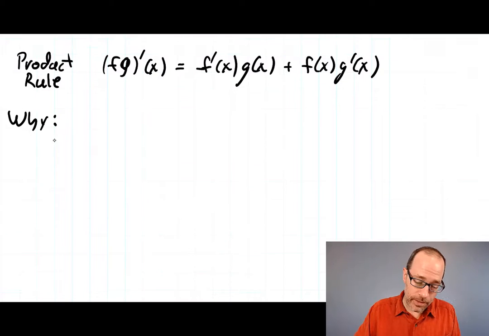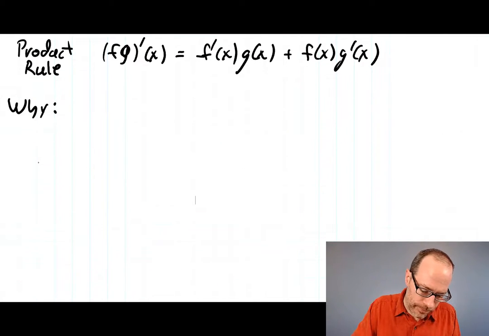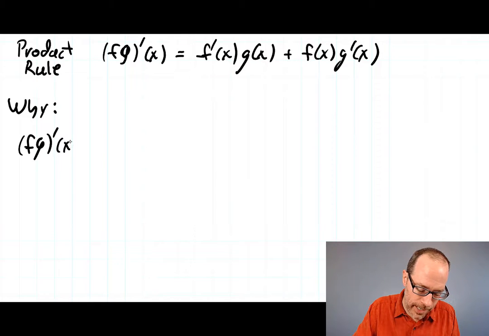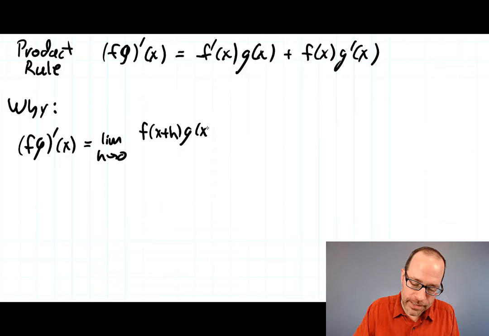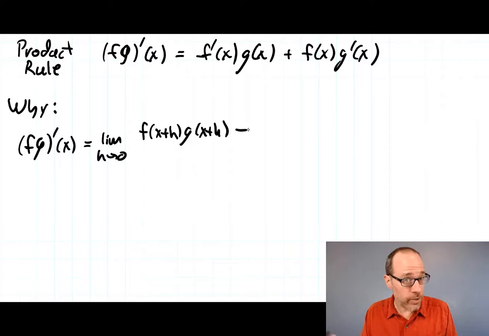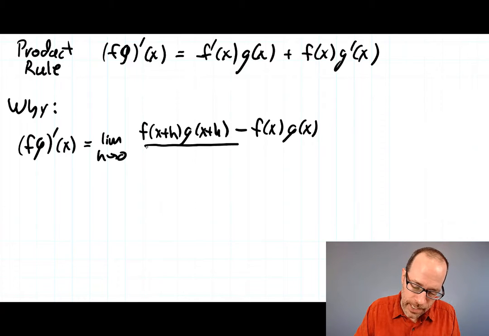Okay? So, since this is a derivative, we're going to start with the definition of the derivative. So, (fg)'(x) is the limit as h goes to 0 of, you plug in x plus h everywhere, so f of x plus h, g of x plus h, and then you subtract off just plugging in x, so that's f of x, g of x, divide by h.